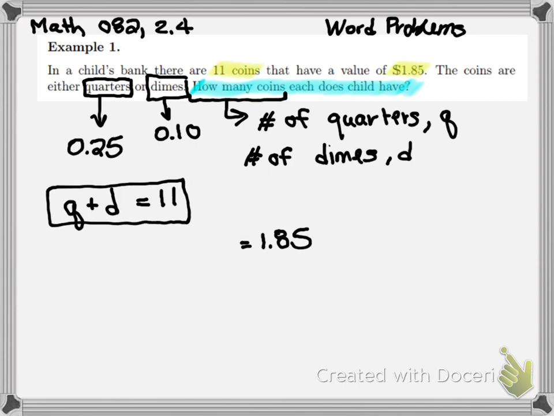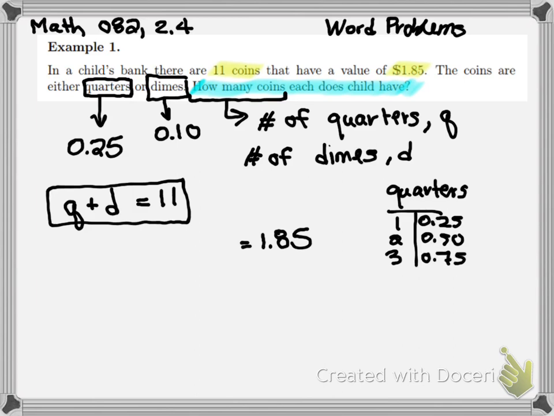Well, what I need to do is figure out the number of quarters. Let's just think about this. If I have 1 quarter, that's 25 cents. If I have 2 quarters, that means I have 50 cents. If I have 3 quarters, that means I have 75 cents.